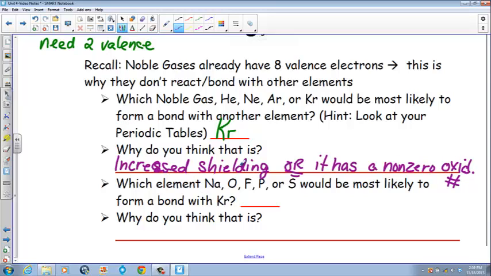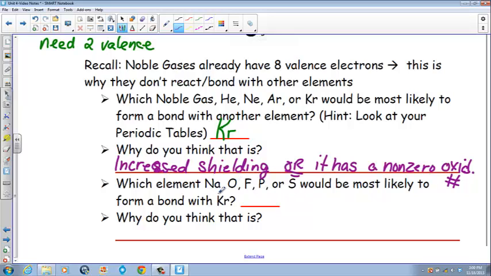So which element, sodium, oxygen, fluorine, phosphorus, or sulfur, would most likely form a bond with krypton? So now we have to think about which one of these is the most reactive. Which one's going to be the most likely to gain an electron, since these are all nonmetals here. This is a metal here.